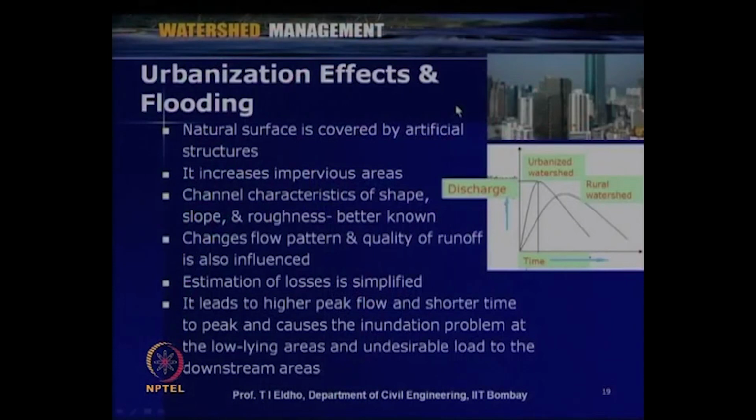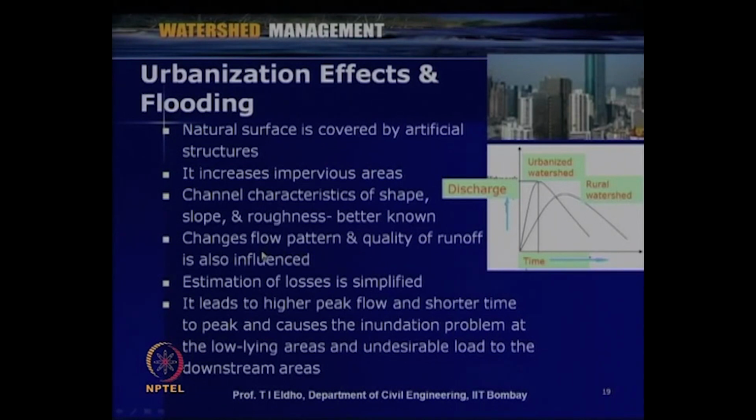As we discussed, whenever urbanization takes place within a watershed, many structures and roads will be constructed, so the natural surface is covered by artificial structures. That increases impervious areas, and the channel characteristics like shape, slope and roughness are better known as far as urban areas are concerned.